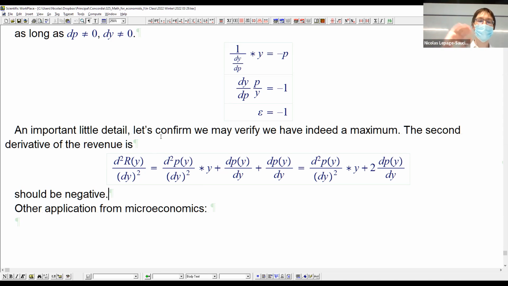If I'm looking for a maximum, then I want a second derivative that's negative. What do I know about this? Is this positive or is this negative? This is a demand function. So how does price change when the quantity sold increases?